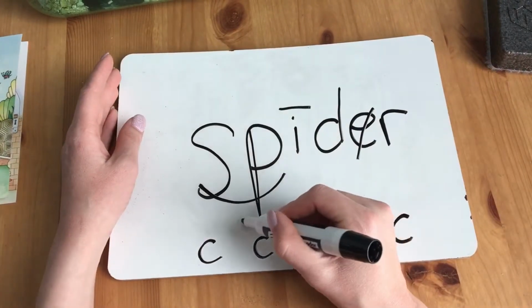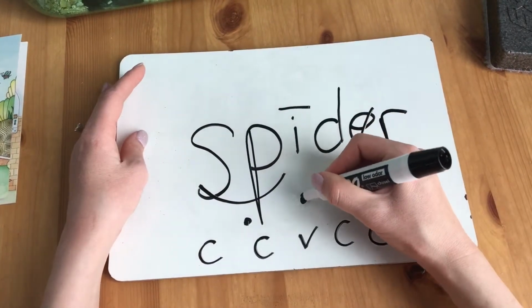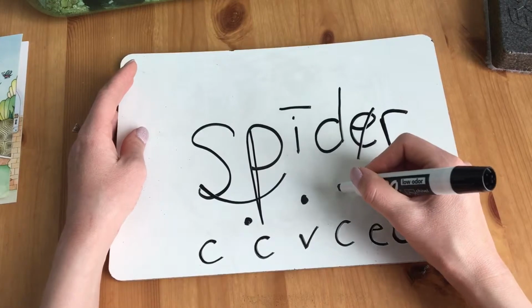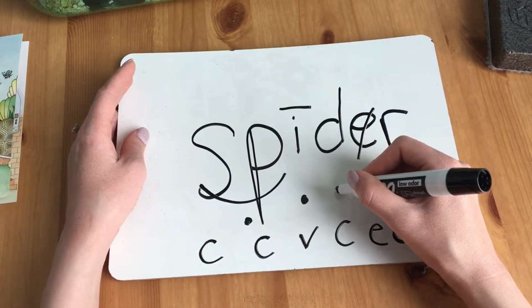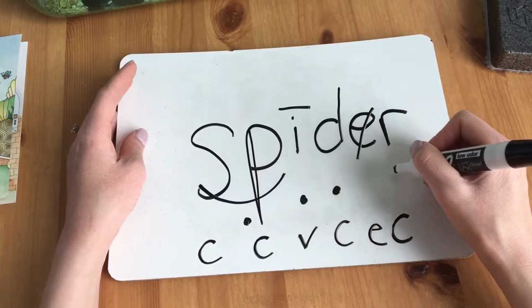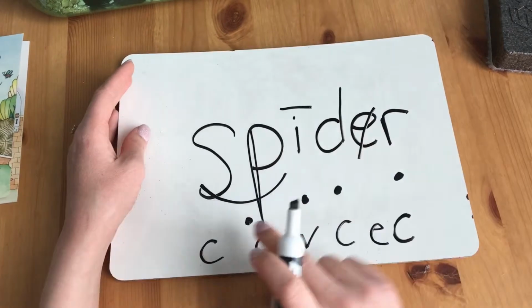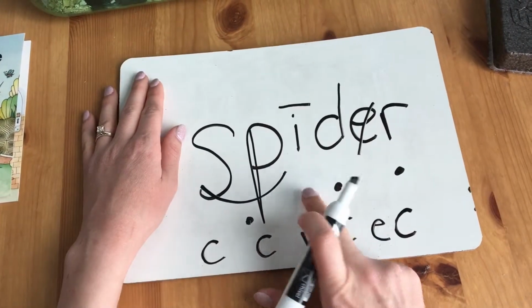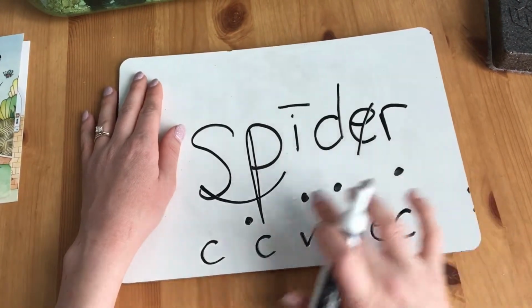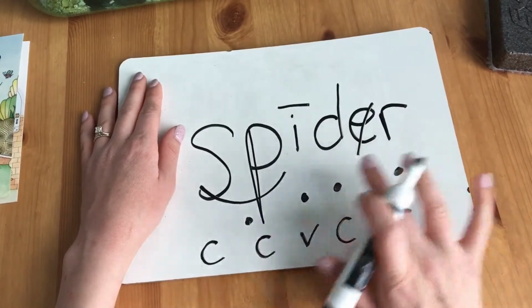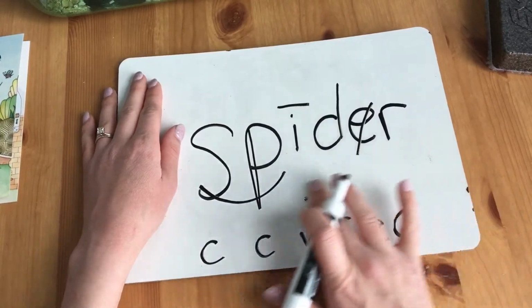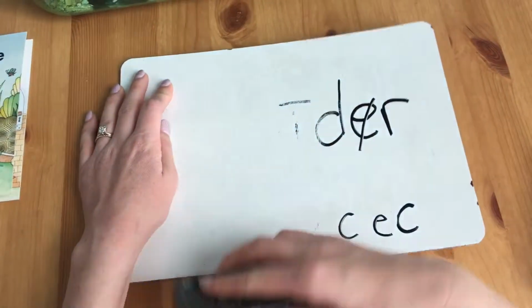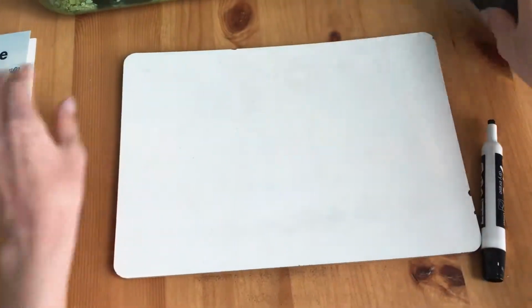Ready? So I have a dot here under S and P. I'm going to put a dot here. A dot here. And a dot here. Spa, i, der, spider. Spider. Great job.